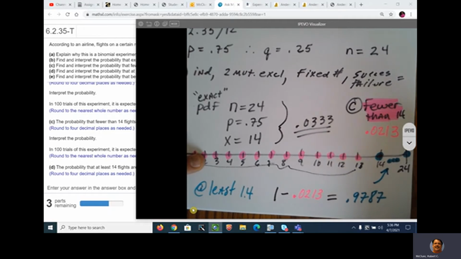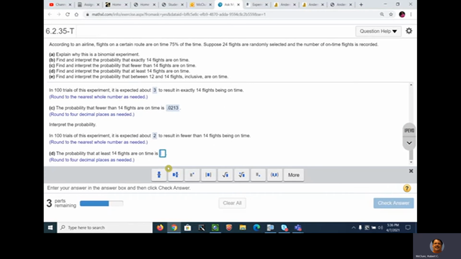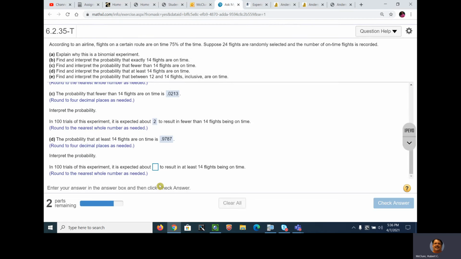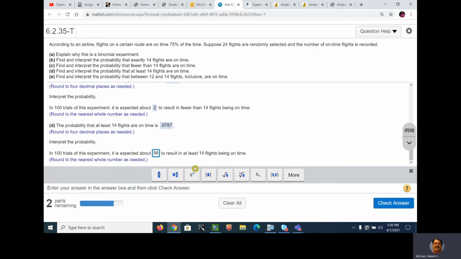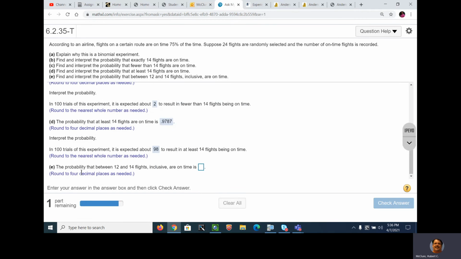And that is that probability, if I did my math right in my head. And E, well, move the decimal, that'd be 98 flights. Move the decimal 2 places to the right.